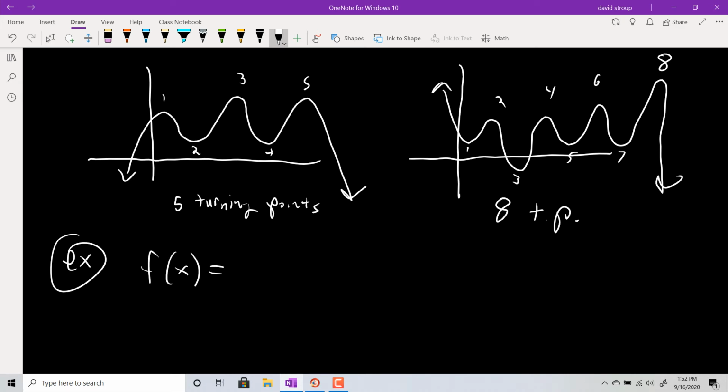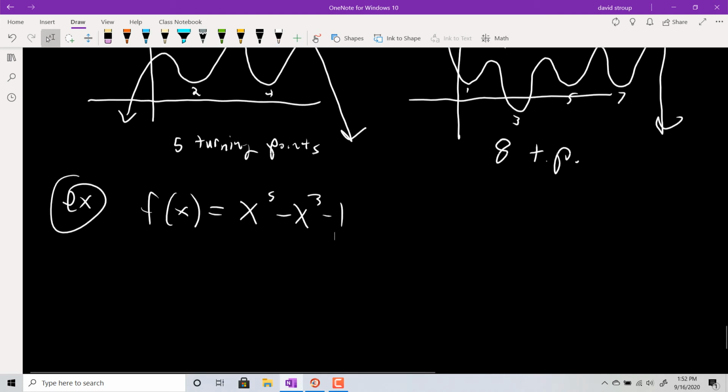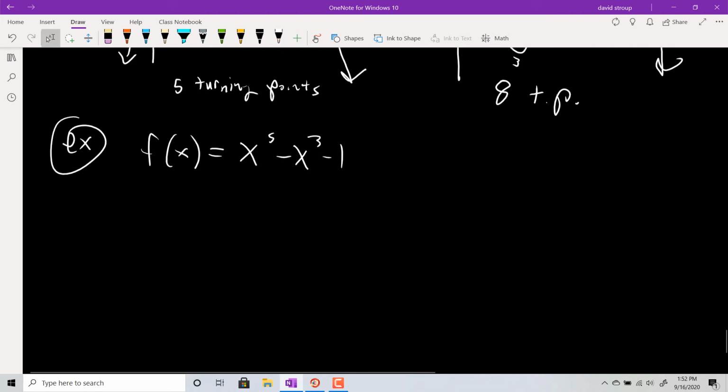So let's take an example. f of x equals x to the fifth minus x cubed minus 1. Can I tell the number of turning points? Well, yes. The number of turning points will be at most 1 less than the degree.